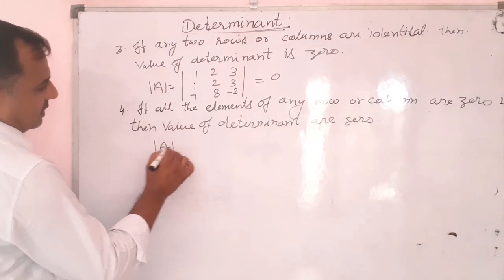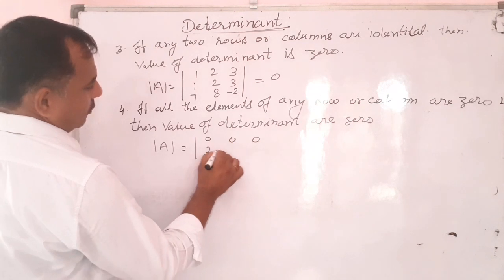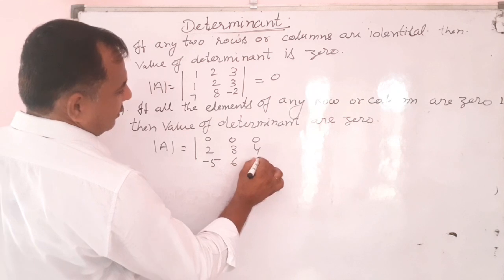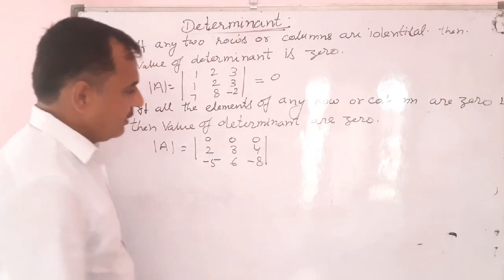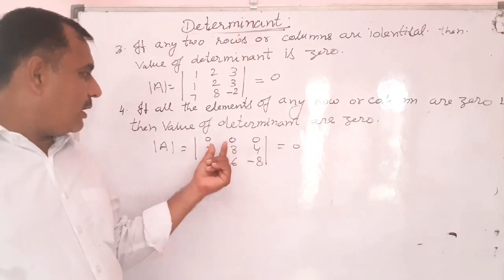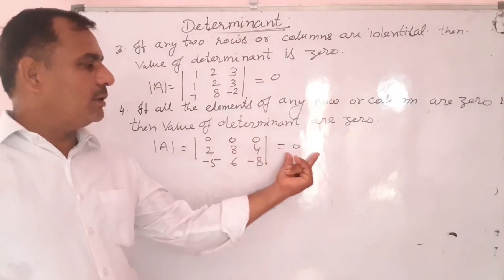Example, determinant A: 0, 0, 0, 2, 3, 4, -5, 6, -8. Then value of determinant is 0. We expand along R1, then all are 0, then value of determinant is 0.